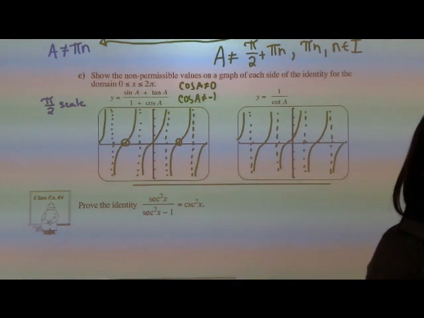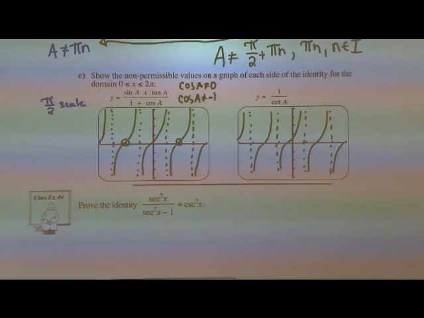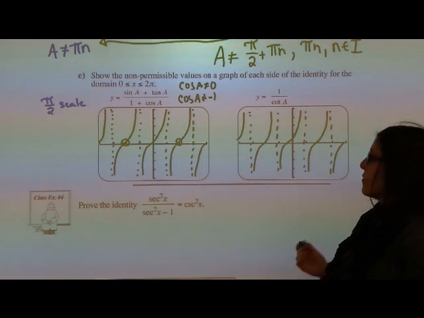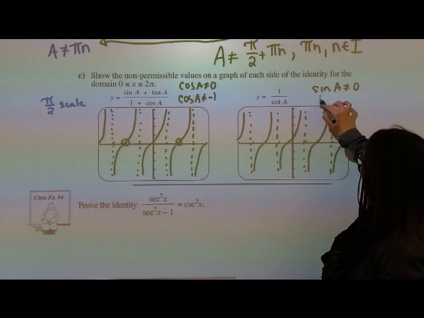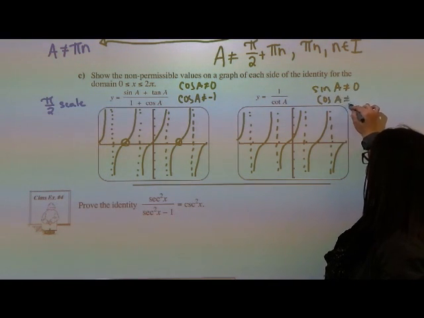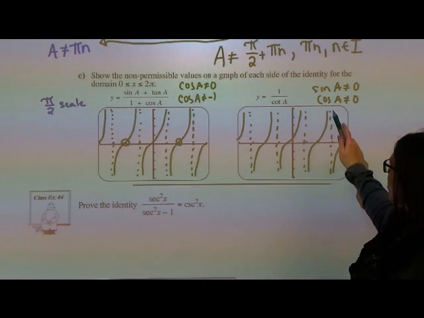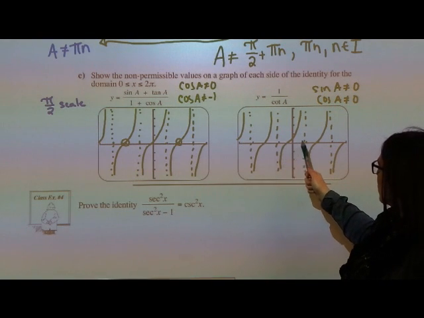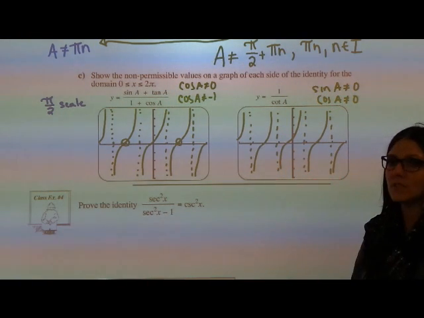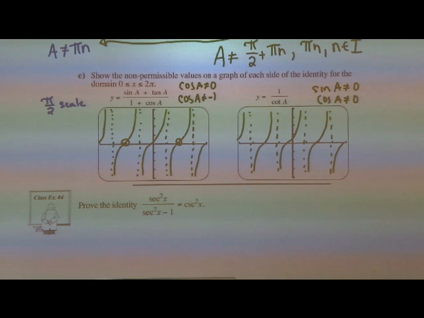So in this graph, I have cotangent A, which is sine over cos, which means sine A can't equal 0, and cos A can't equal 0. Well, cos A can't equal 0 at pi over 2 plus pi n. Those are the asymptotes. And then sine can't equal 0 at every pi.